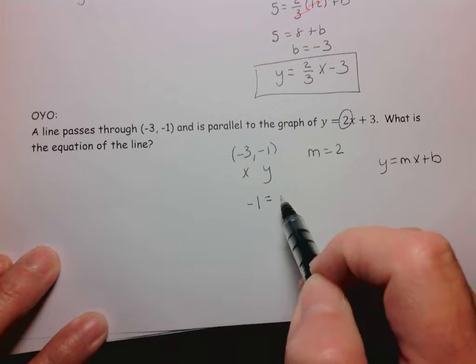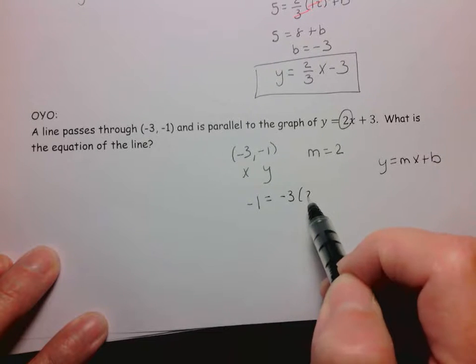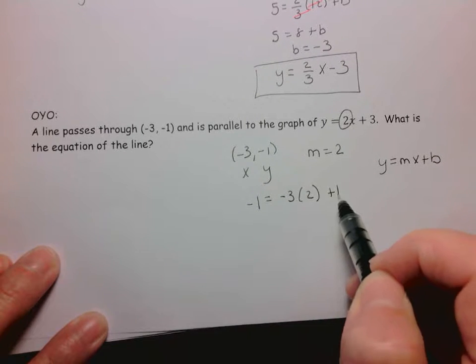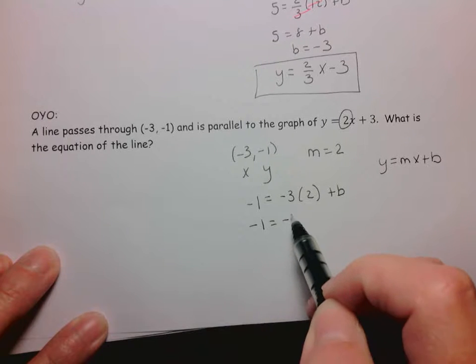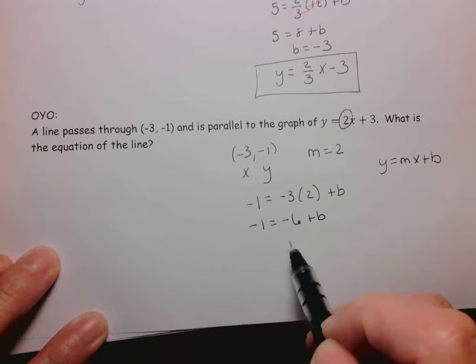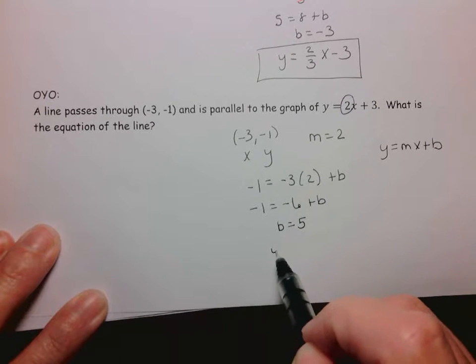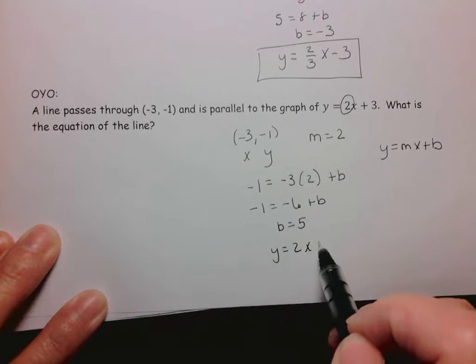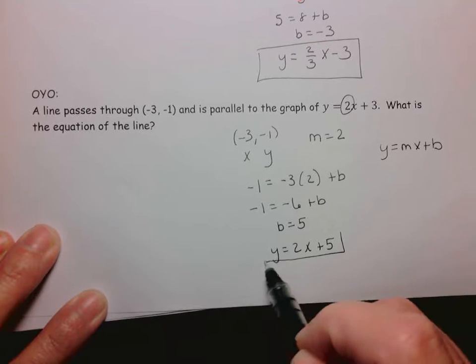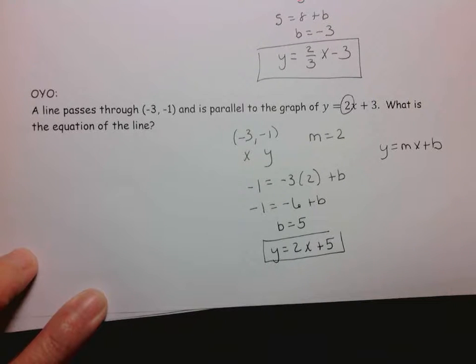So I'm going to plug in my xy coordinate, I'm going to plug in my slope, and once I found b, I can go ahead and create the equation because now I know my slope and I know my y-intercept, and so I can create the equation.